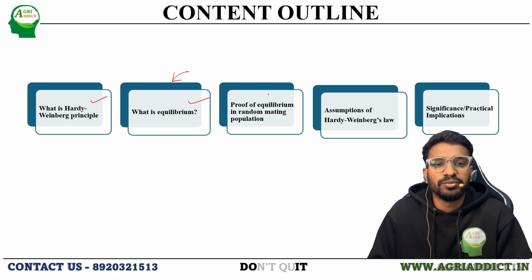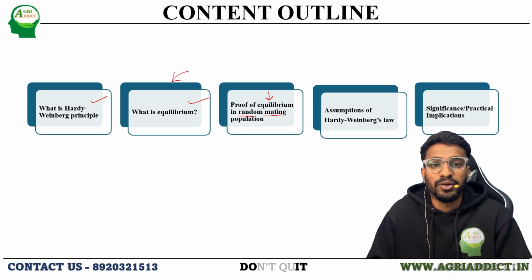Next I will give you the proof of how a population maintains its equilibrium in the case of a random mating population, or generally how a population in nature maintains equilibrium if it satisfies certain conditions.